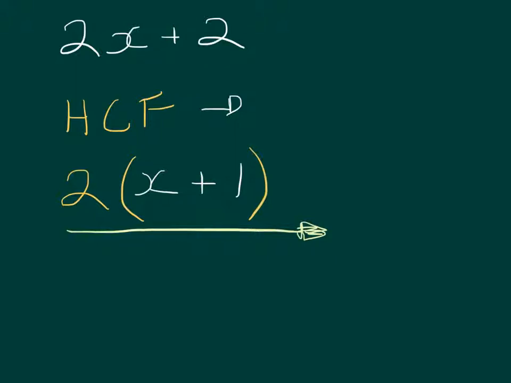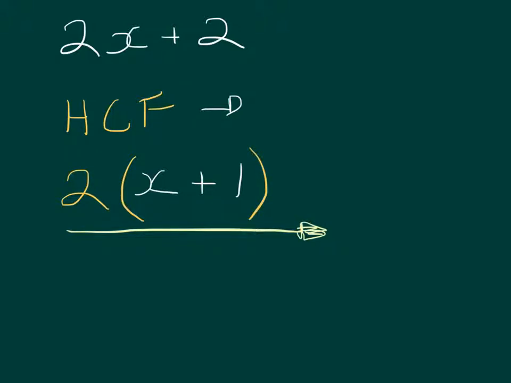So what factorizing does is it shows us multiplication. Here we have two terms showing addition, and we shuffle them around, or we do some sort of mathematical procedure so that we end up with multiplication. This says 2 times what's inside my bracket. Let's have a look at another example.